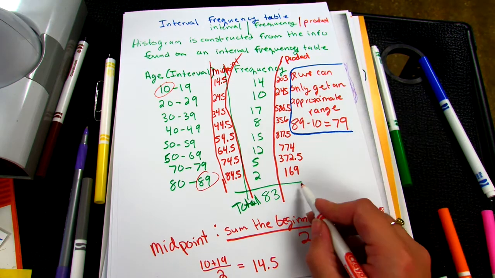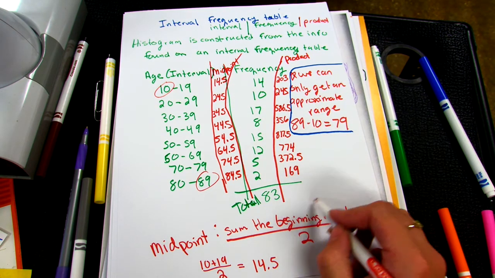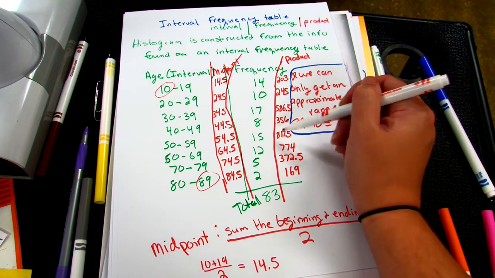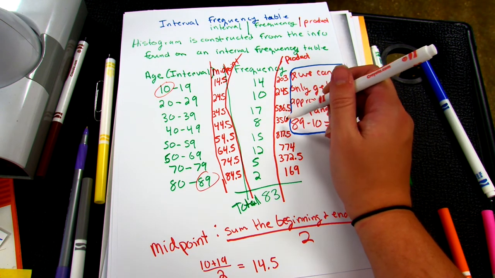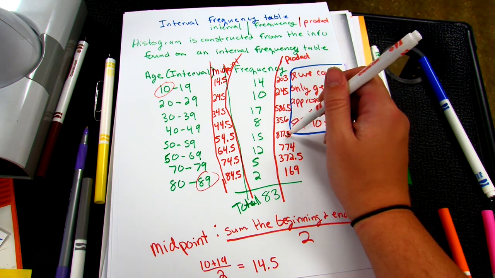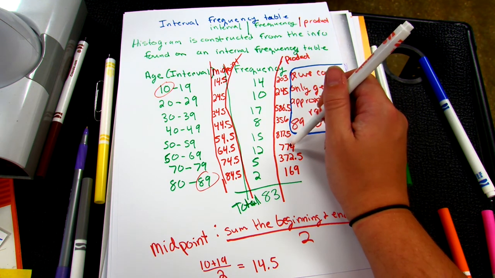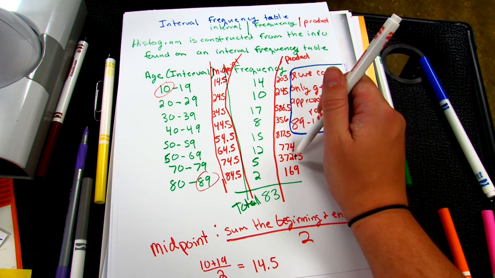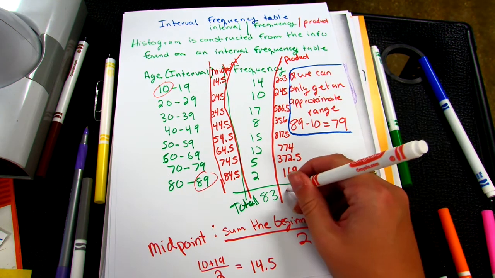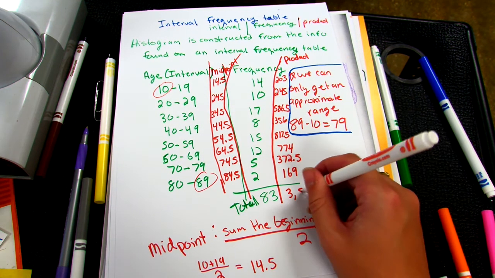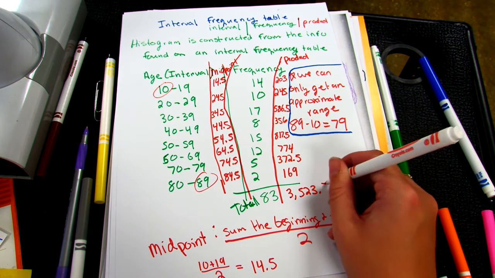So now we can get our product total by adding all these numbers together. 203 plus 245 plus 586.5 plus 356 plus 817.5 plus 774 plus 372.5 plus 169 gives us 3,523.5.